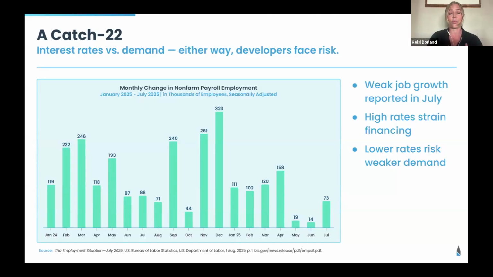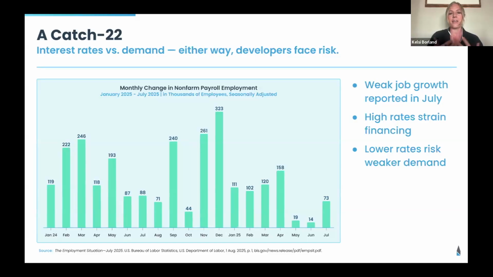That was very far under expectations. And then the report also adjusted May and June's numbers. So you actually saw this very weak job market for May, June, and July, really outside of expectations, and it shocked the market.